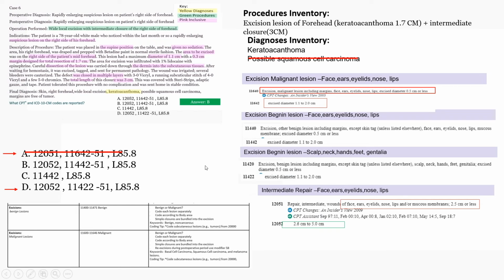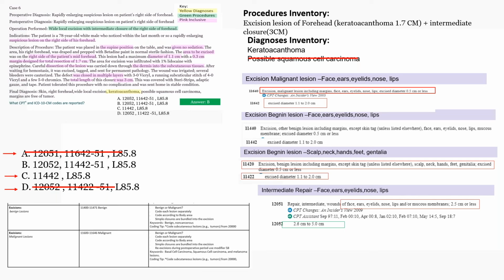Now let's look into the second code, 11422, which is coding for excision of benign lesion of scalp, neck, hands, feet, genitalia. The size will be 1.1 to 2 centimeter. The location is wrong in this one, coders. We have excision of lesions performed on the forehead. In that way, we can eliminate option D as well.